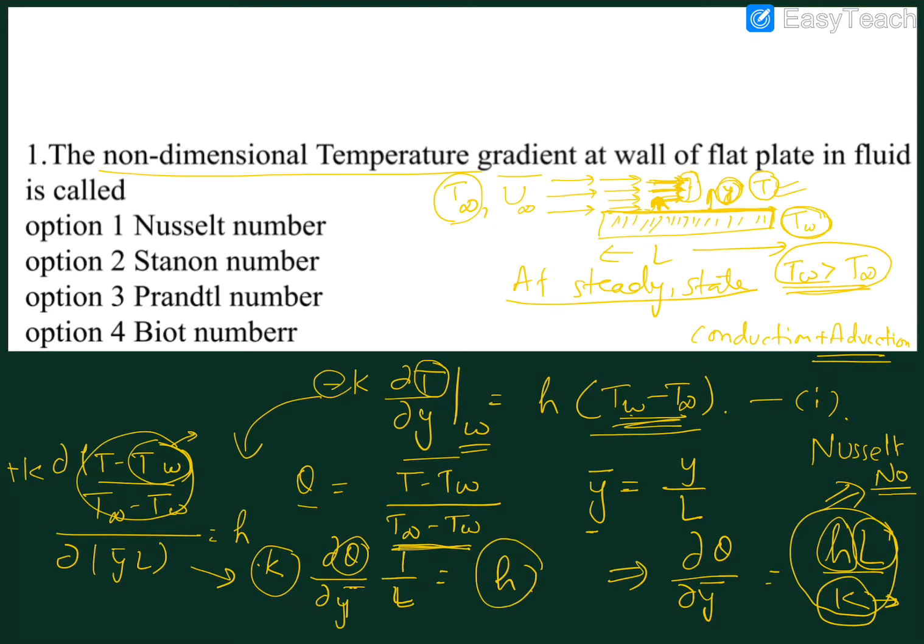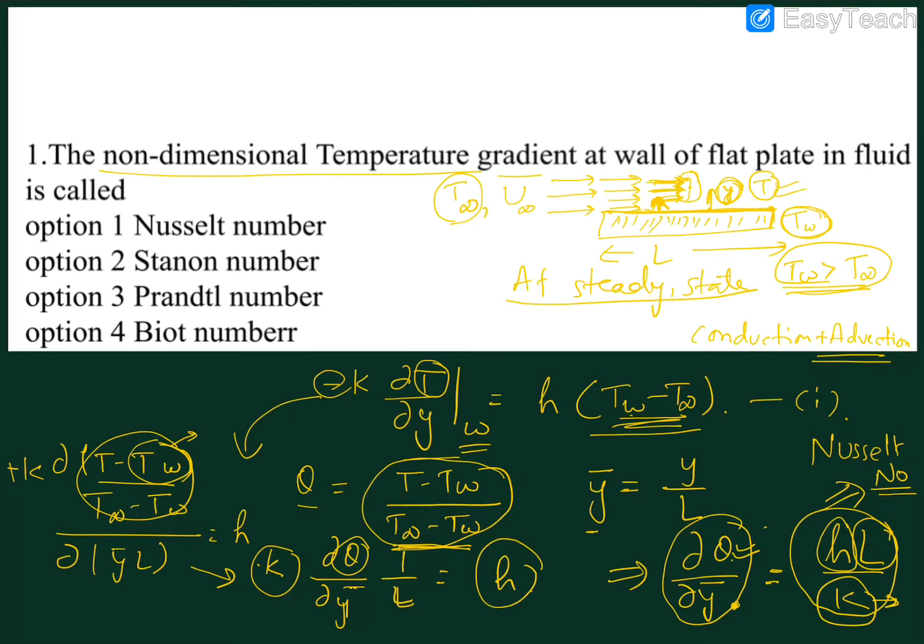So in that way, here we have a non-dimensional temperature gradient. Theta is the non-dimensional temperature scale that we have defined, and Y bar is a length scale. Any quantity divided by a length scale or a space coordinate is called a gradient.